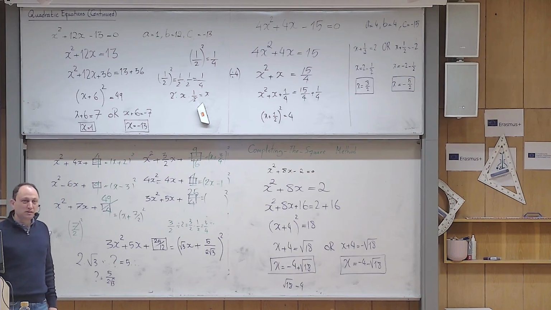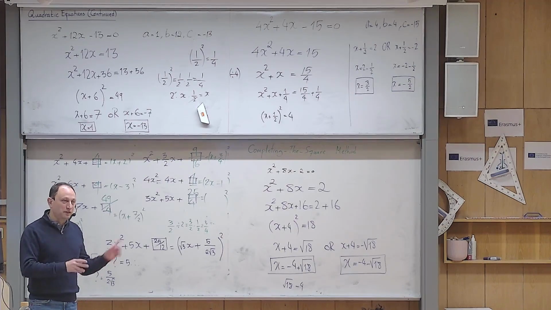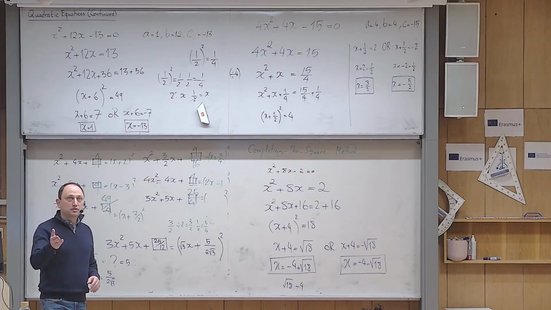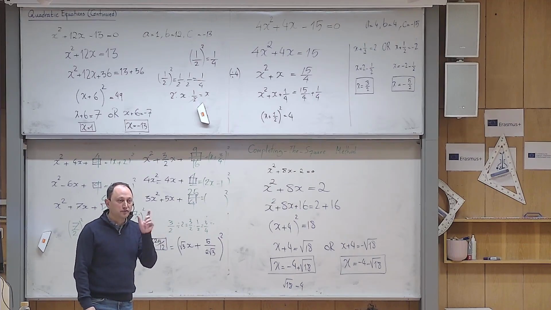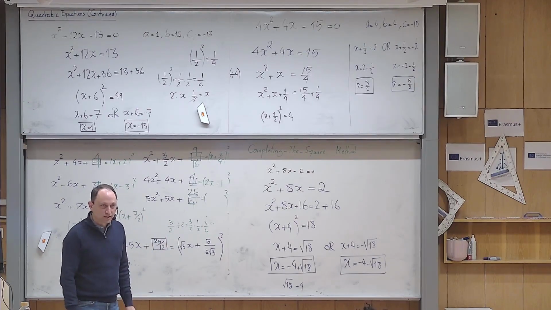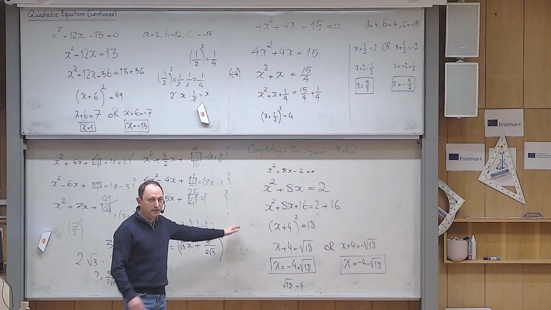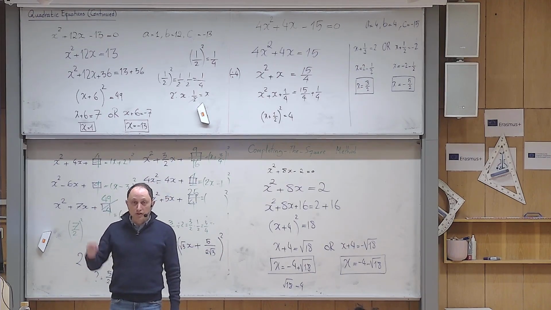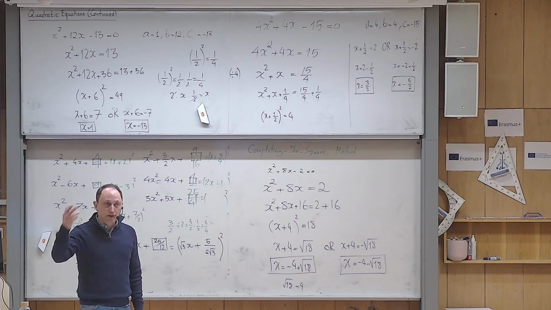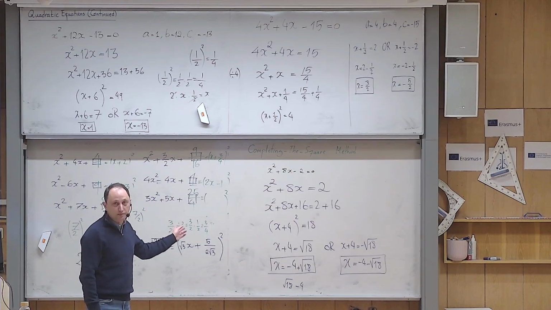And by the way, don't be worried about this, because when we learn this, in 1 or 2 weeks, we will find a formula and use the formula all the time. So the method of completing the square will become obsolete. Why are we teaching it? Because the formula that I want to find goes through these steps.